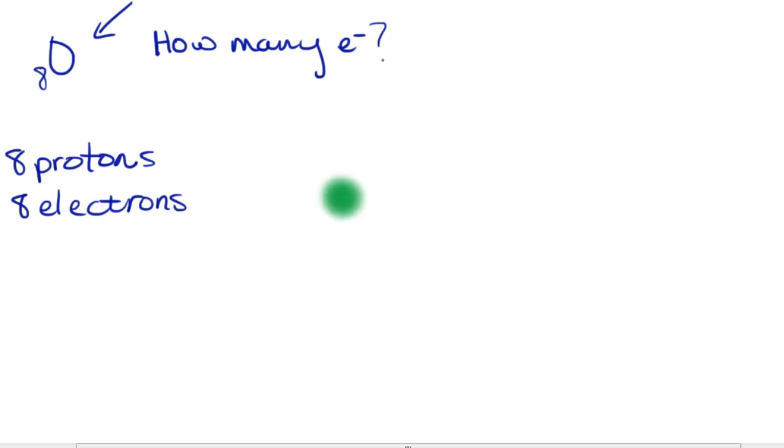So I'm going to start off by drawing my oxygen nucleus. And again, we don't need to put much detail there, just a spot or a dot would be fine for that nucleus. And then we're going to start off by filling the first shell first. The rule is that the first shell holds a maximum of 2 electrons. It cannot hold more than that.